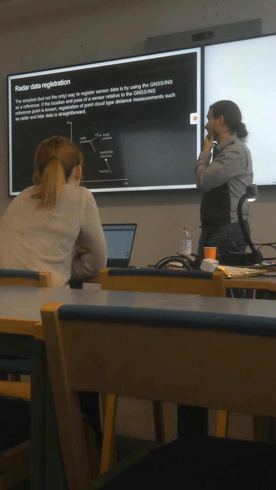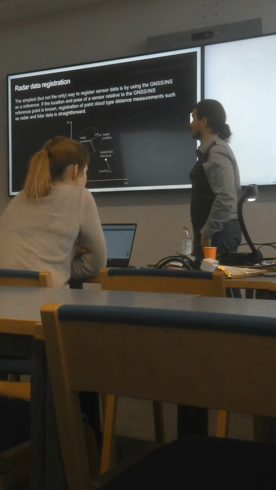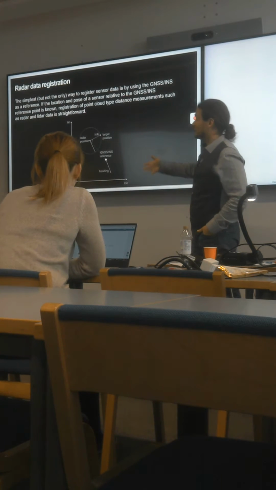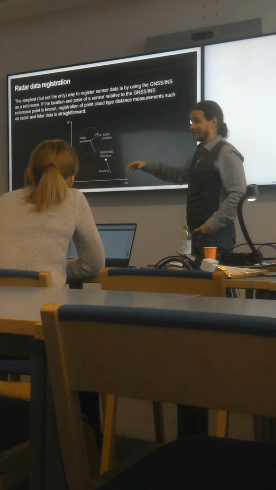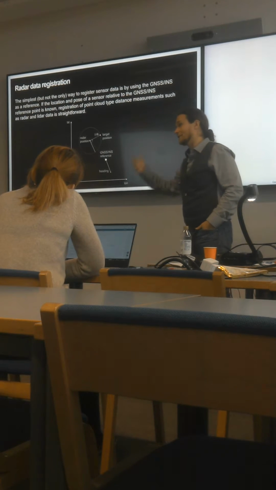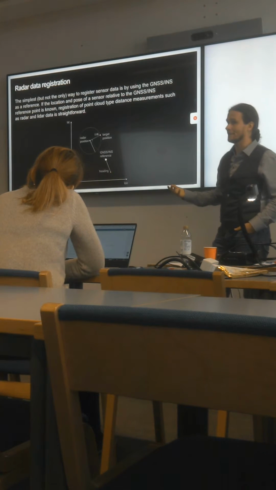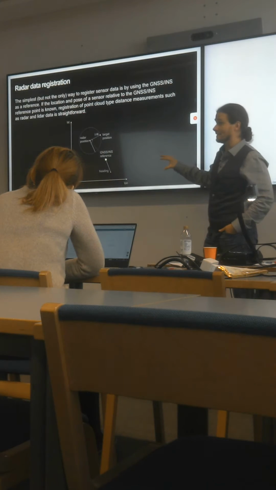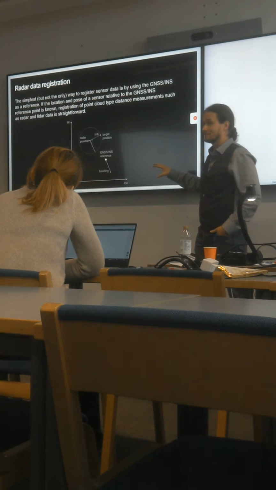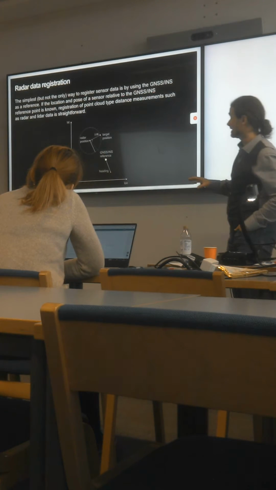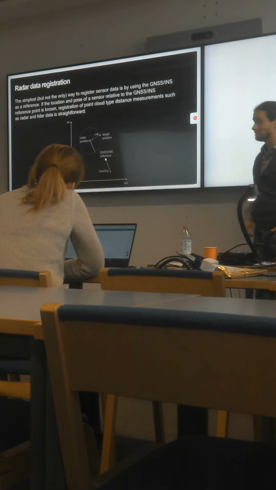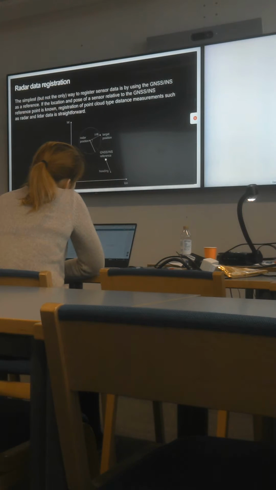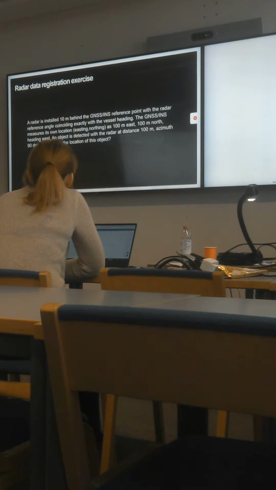That is a lot more difficult and more error prone also. But that's something you need to do if the INS breaks down, or if the GPS is spoofed or whatever, then maybe you need to have something like that as a backup. But I won't talk about that much today. Typically, this is what you would do in this kind of system.